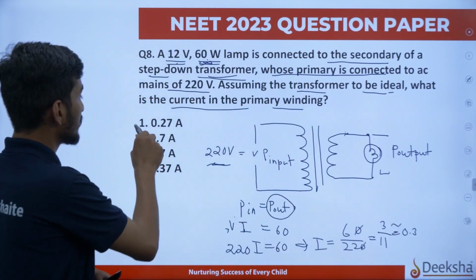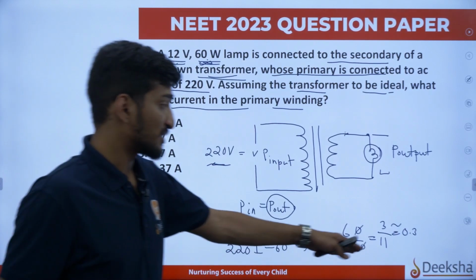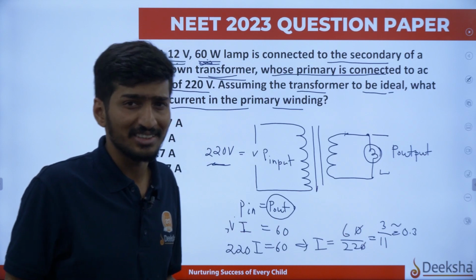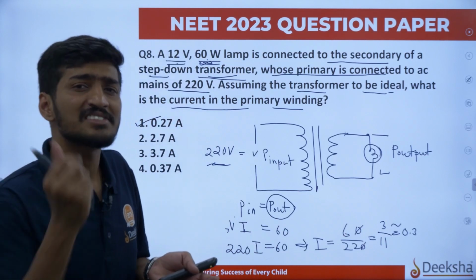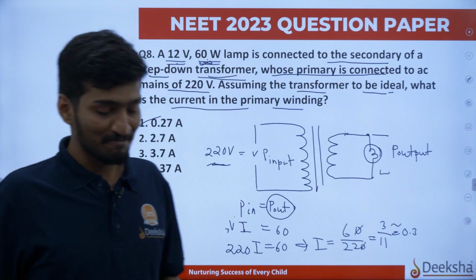So that would be option number A. I don't even have to do this calculation because I just know 3 by 10 is 0.3, 3 by 11 should be a little less than 0.3, and that should be 0.27, option number 1.